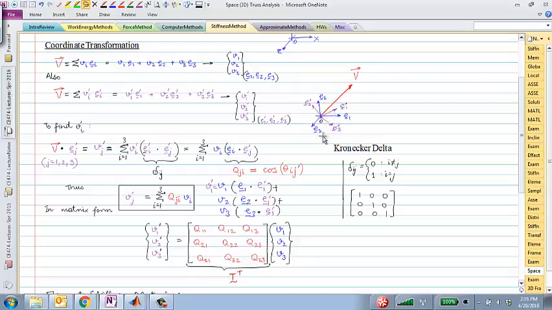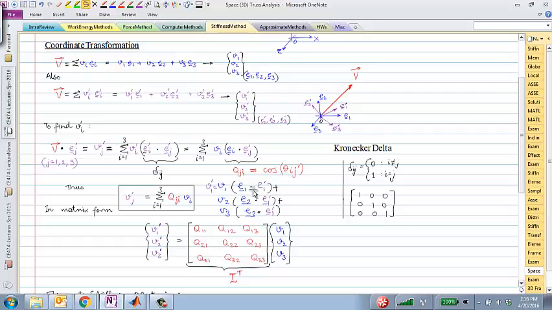So essentially, this expression helps me do trigonometry in 3 dimensions. It's just taking the cosine of the angle between E1 and E1 prime, cosine of the angle between E2 and E1 prime, E3 and E1 prime, and all of these cosines end up being coefficients that I'm calling Q. These cosines are all numbers between -1 and +1.